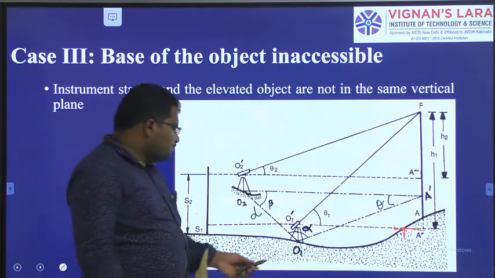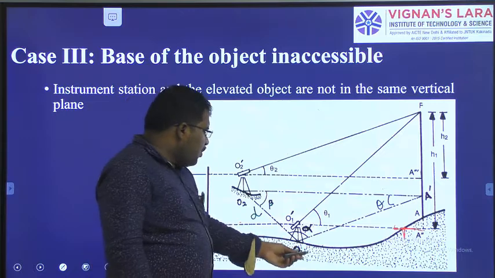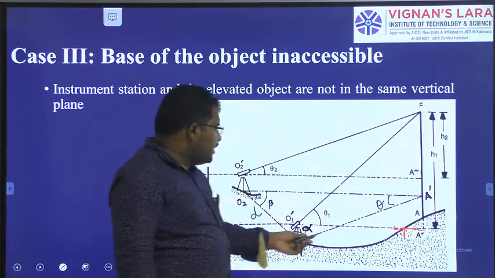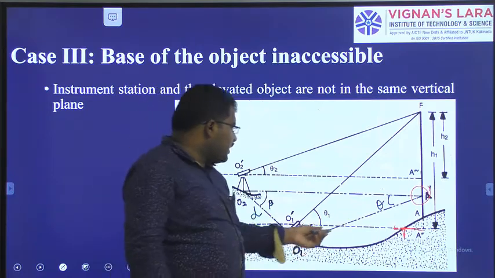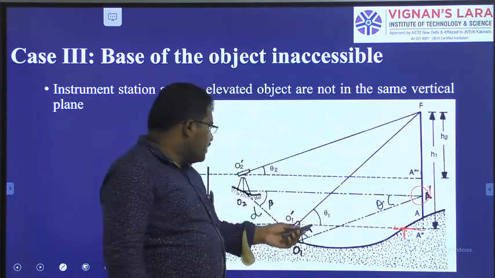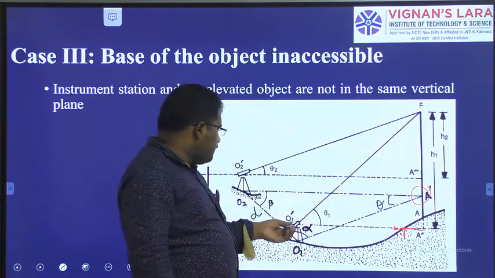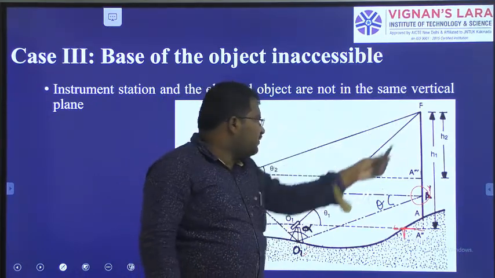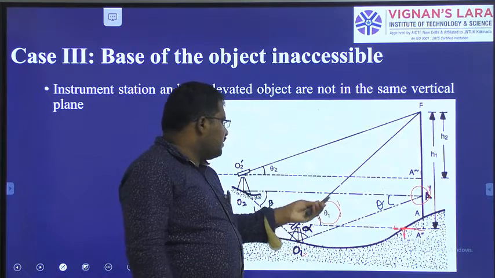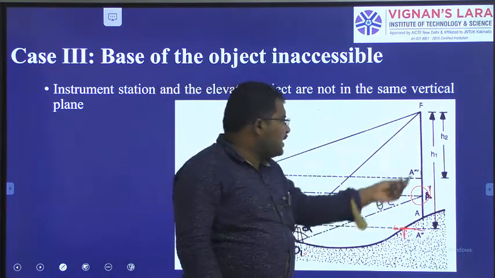So now from O1, you are going to take a point A1 here, right? You are going to sight towards it, and you are going to get a value of some theta here, and we are going to sight F. We are going to get theta 1, and the height h1 is calculated.